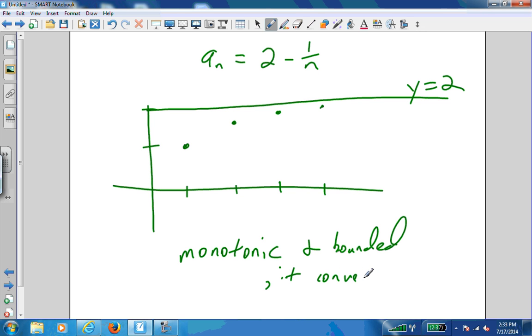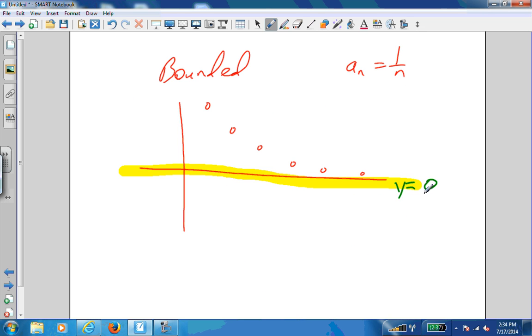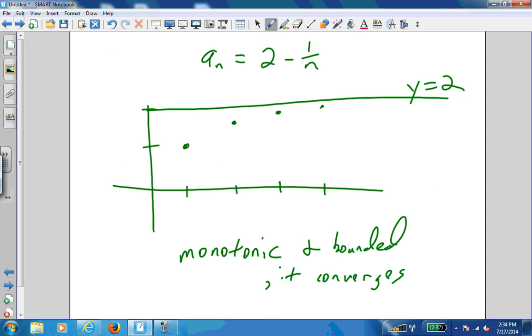Now, that doesn't tell us what it converges to, but we can guarantee that something that is bounded, and is either always increasing or always decreasing, will converge. Now, this example is said to have an upper bound. This one is said to have a lower bound. If something is bounded both above and below, then it is just said to, in general, be bounded.